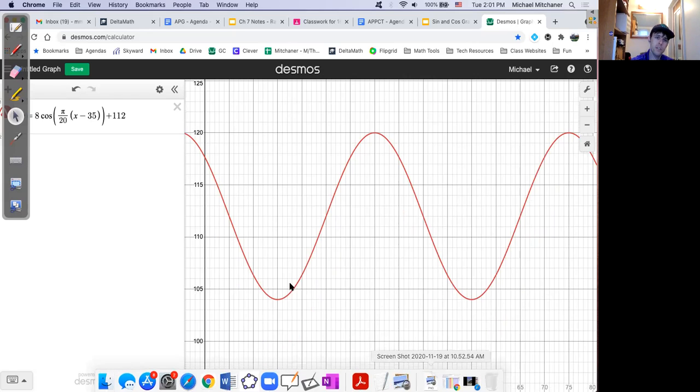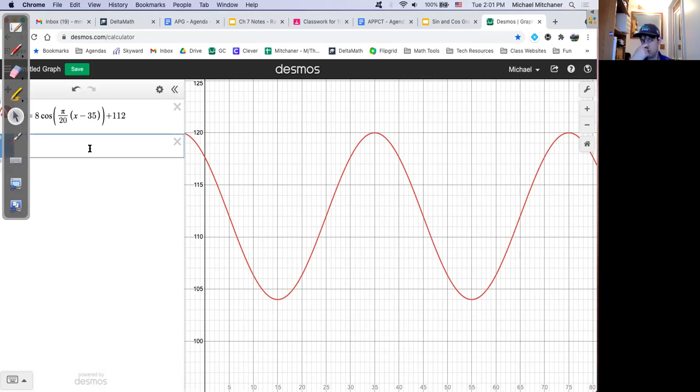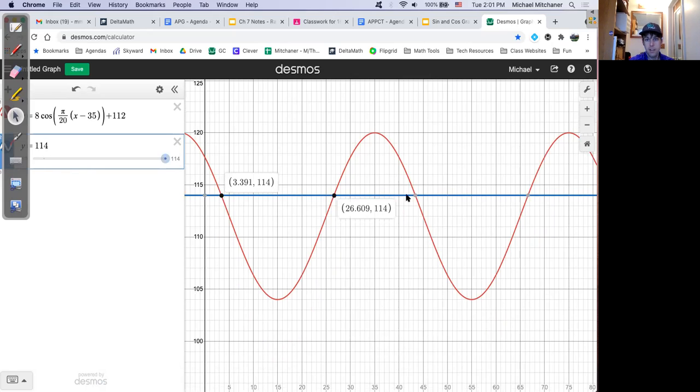So we're looking for the first 3 times the temperature is 114. I'm going to draw in a horizontal line, y equals 114. And here I can actually see all of the places where my 2 graphs cross. These 3 points are our solution. These are the first 3 places where we get a temperature of 114.